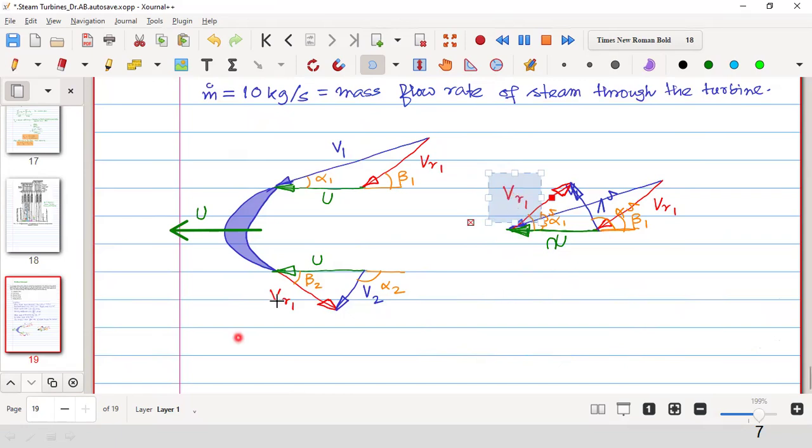I'm sorry, this would be VR2, not VR1. Extremely sorry. This is VR2.